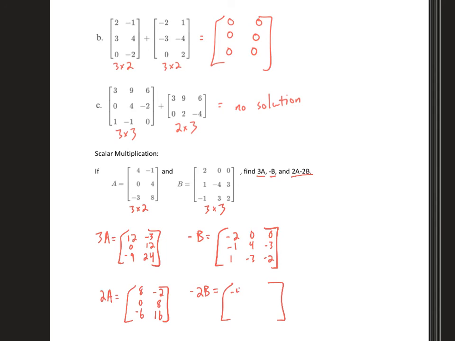So -4, -2, +2, those are both 0. 8, -6, -6, -4. Okay, so we've done 2A, we've done -2B. Now we need to add them together, which we can't do because they're not the same dimension. We've still got a 3 by 2 and a 3 by 3. So this last guy has no solution.